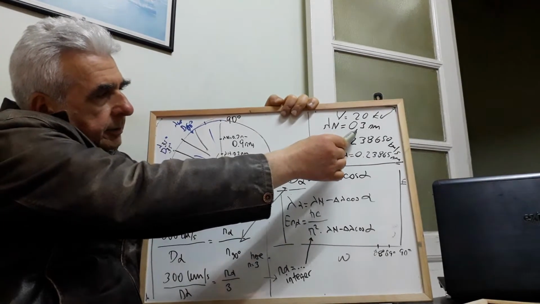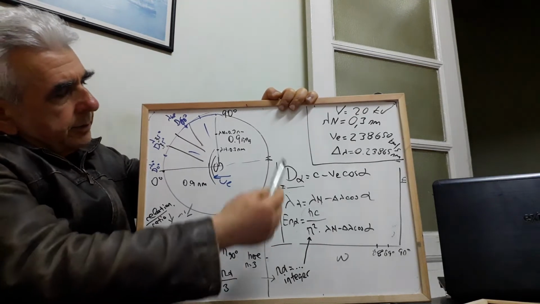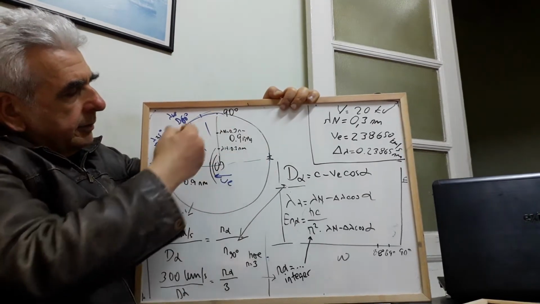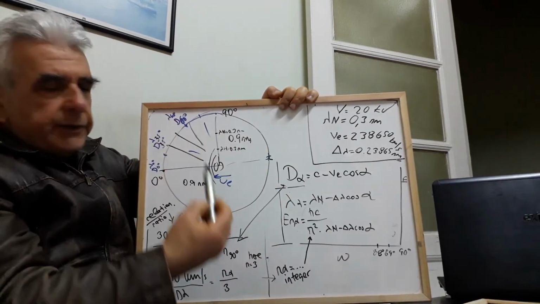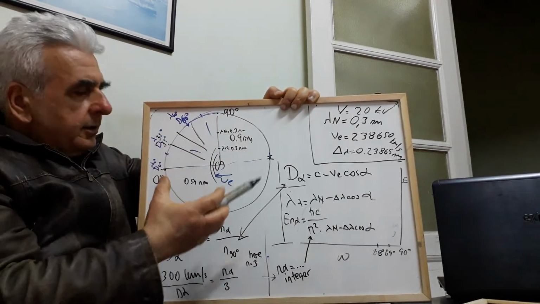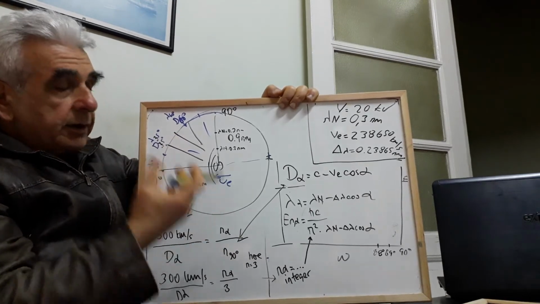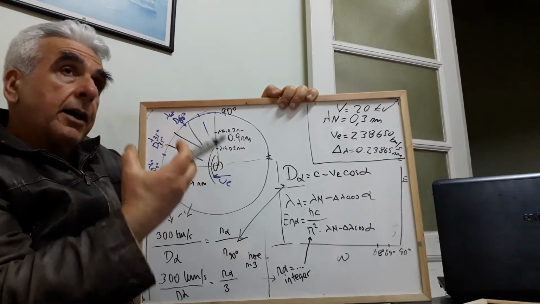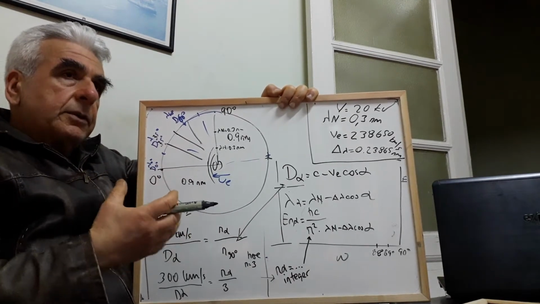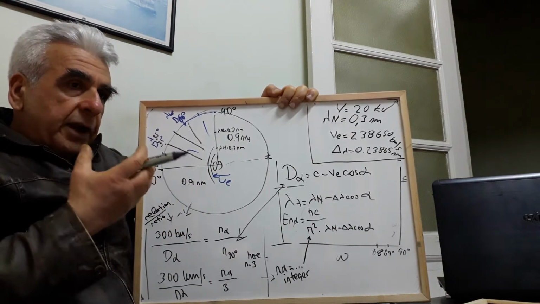For easy computing, don't forget, this is 0.3 nanometer lambda n. And say, for instance, these closed spheres, whose entire inner surface is a detector.